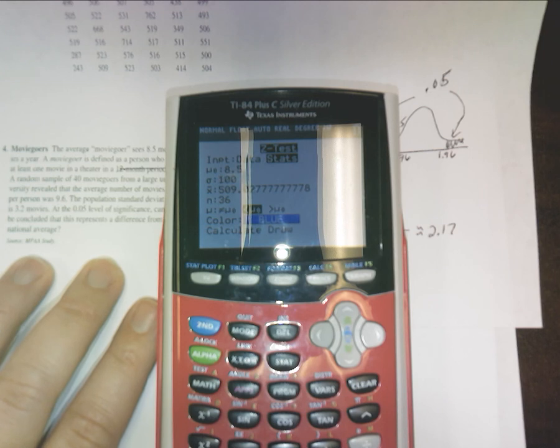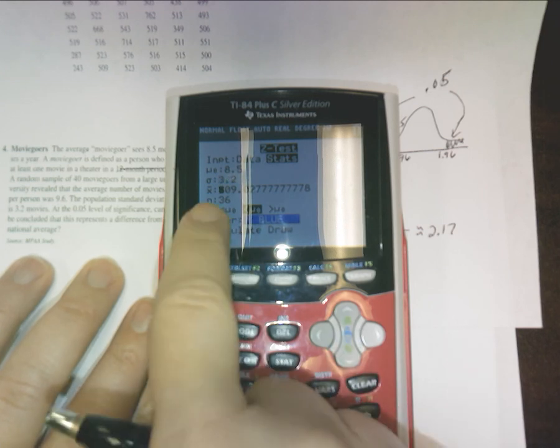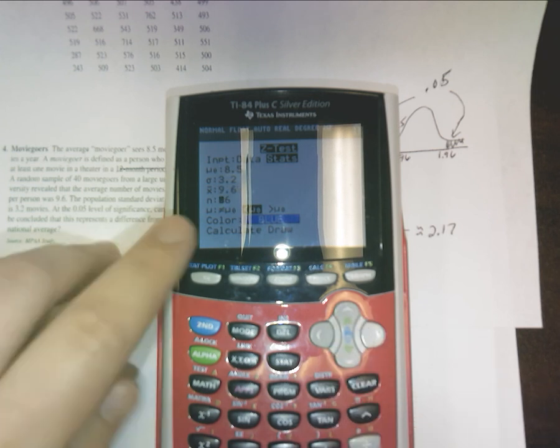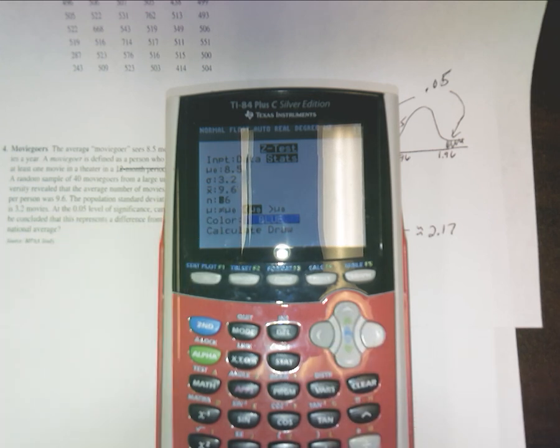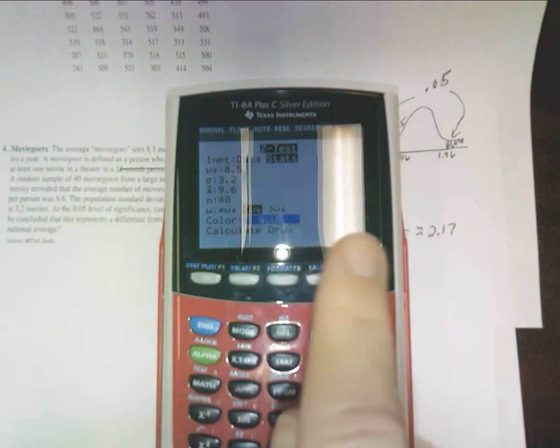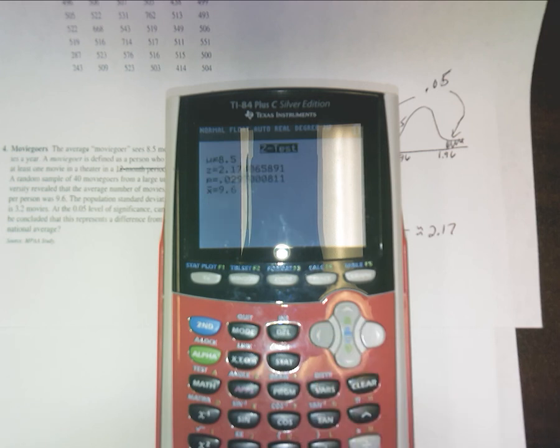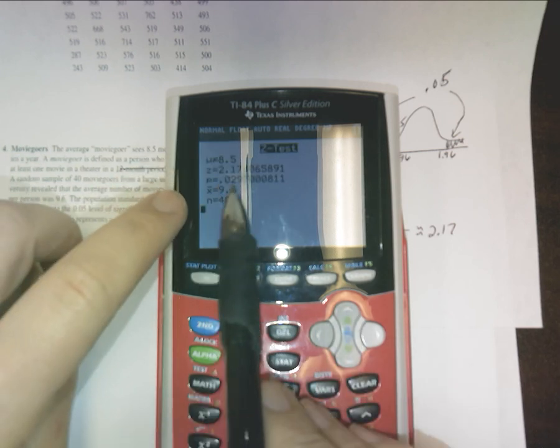The standard deviation is 3.2. My sample mean was 9.6. How many people did I do it from? 40 people. Which test do I choose since it's a two-tailed? Not equal to. Calculate. Look at that, Z is 2.17.